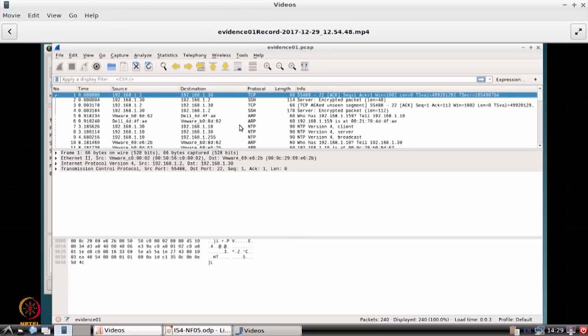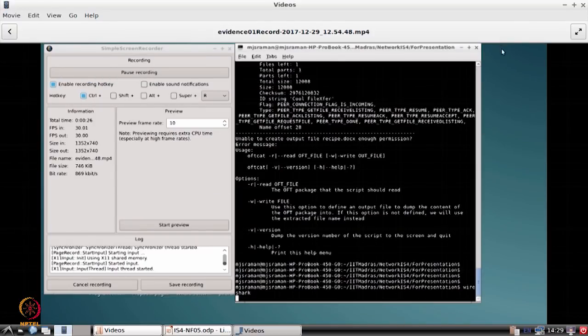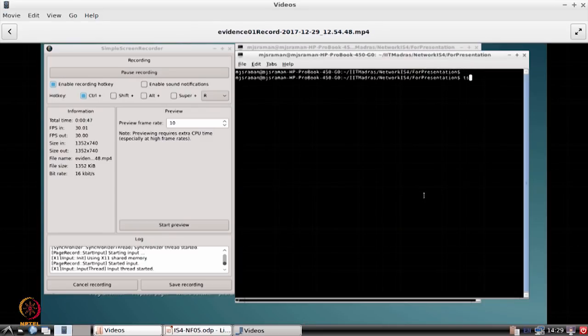Now, the first thing that we can do is that we have got the IP address of the suspected employee. As I told you, you can use either Wireshark or TShark to find out what is going on. Here is an example where we are using TShark.